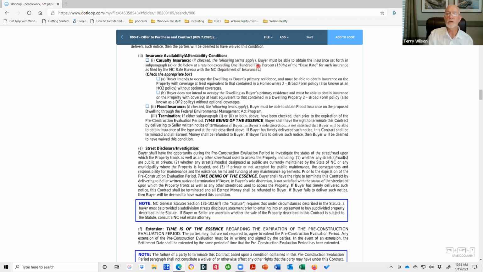All this is saying is, if I'm going to get casualty insurance, the cost of that casualty insurance cannot be more than 150% of what the Department of Insurance says is the base rate for that kind of insurance.